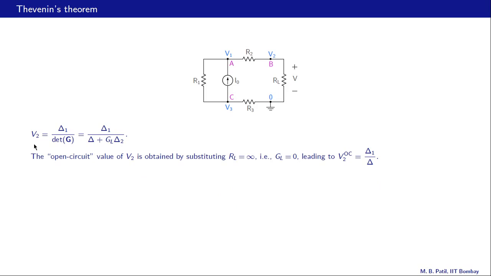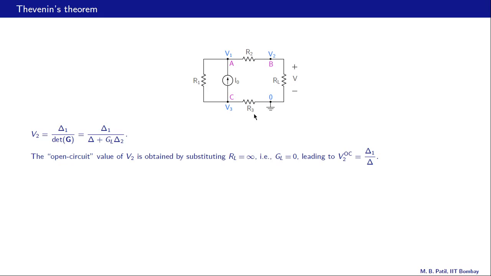So here is V2, once again delta 1 divided by delta plus GL times delta 2, and let us emphasize once again that delta 1, delta and delta 2 have no dependence on GL or RL, and they will only depend on the circuit parameters here.